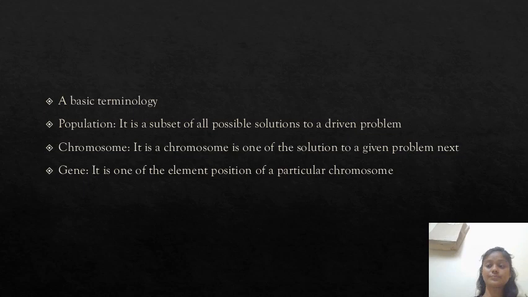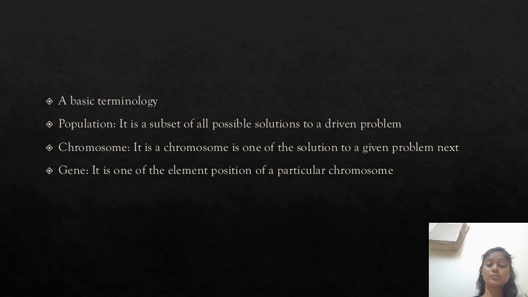Population. It is a subset of all possible solutions to a given problem. Chromosome. A chromosome is one of the solutions to a given problem. Next, gene. It is one of the element positions of a particular chromosome.